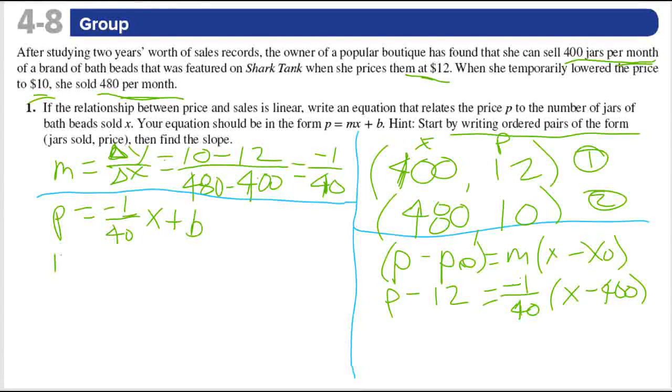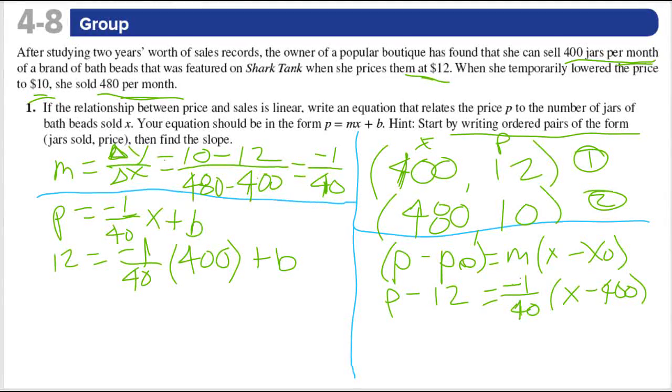I'm going to say 12 equals negative 1 over 40 times x, which is 400, plus b. Once I choose the 12 for the price, I know my x is going to be 400. So I still haven't written an equation.